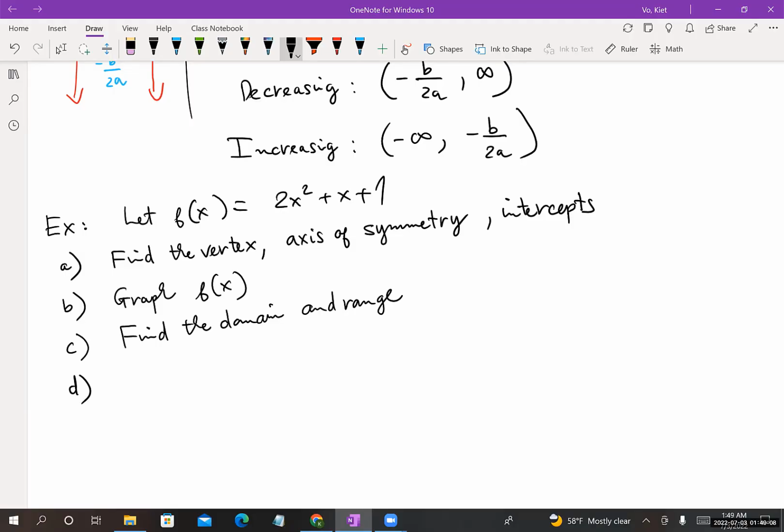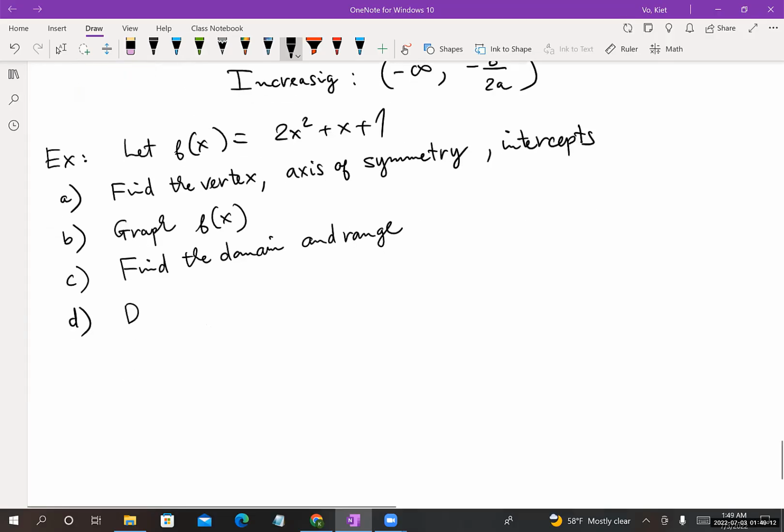And then the last part is determine where f is increasing or decreasing.